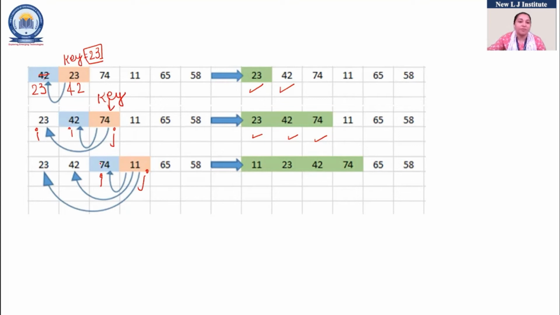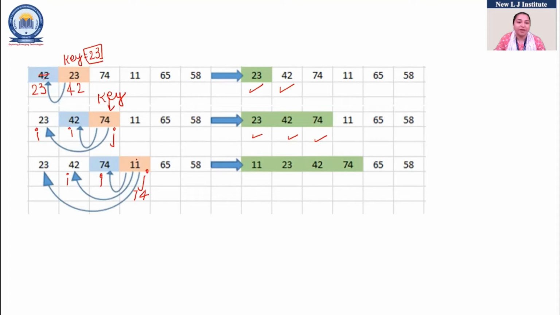So 11 will be compared with 74. And because 74 is greater than 11, we will shift this 74 to the right side. So 74 will be shifted to the right. Now i will be decremented by 1 and i will be pointing at element 42, right?